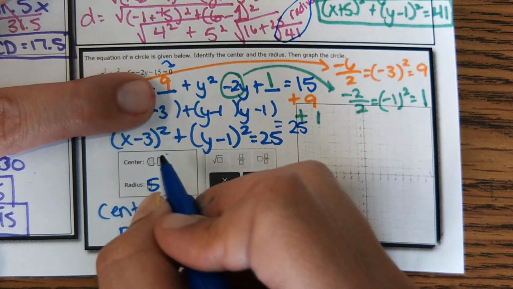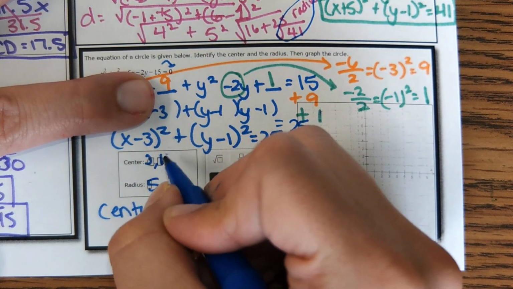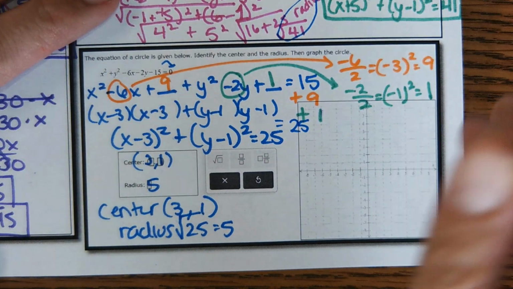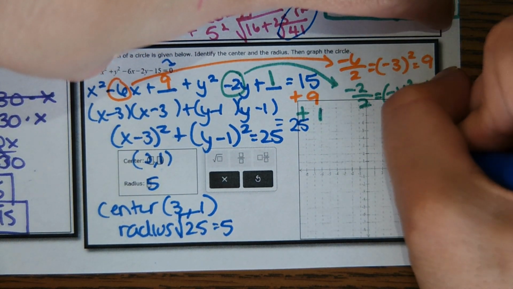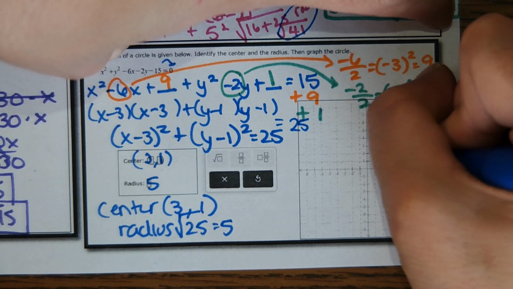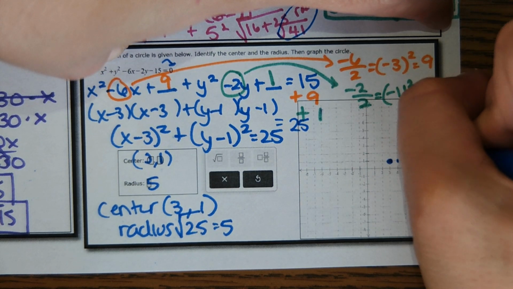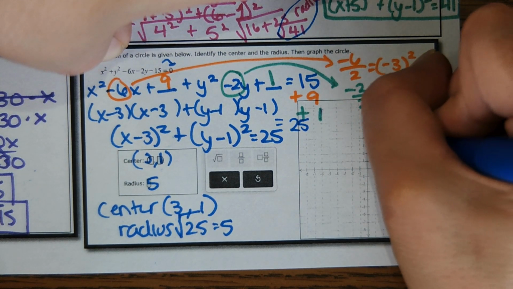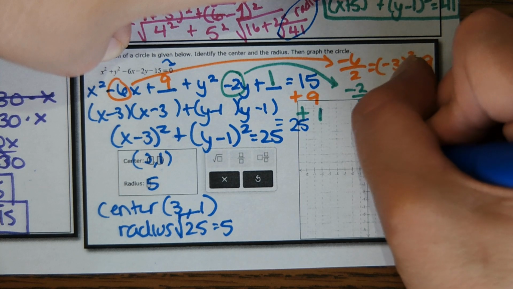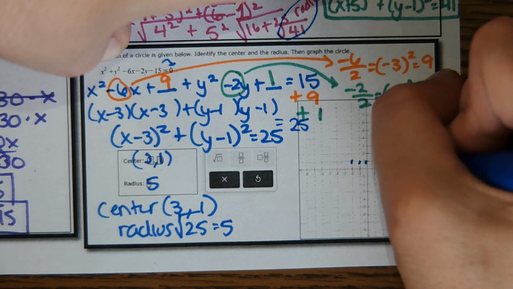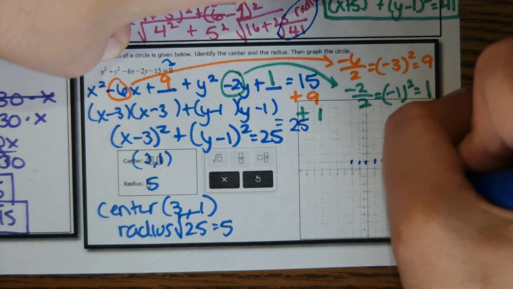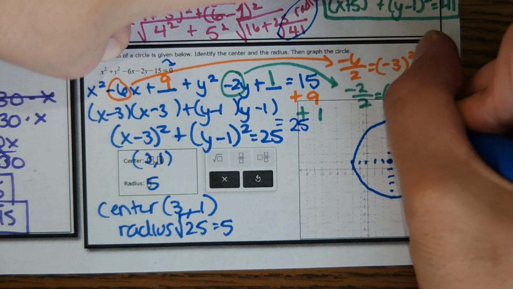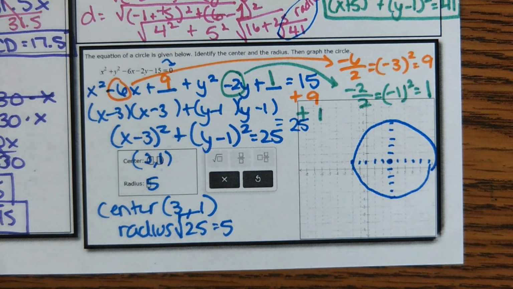Radius is 5, center is 3, 1. And then once you have the center graphed, you just kind of count 5 in each direction. 1, 2, 3, 4, 5. Okay. And then we're done.